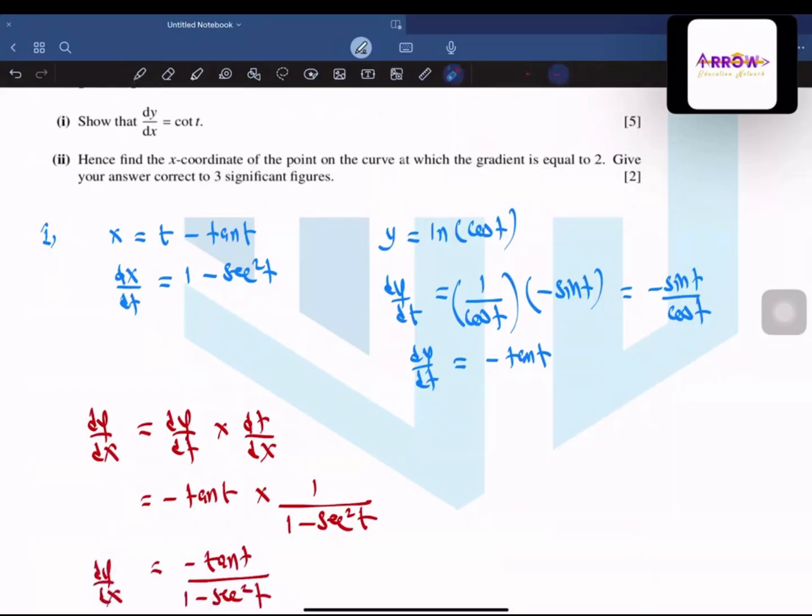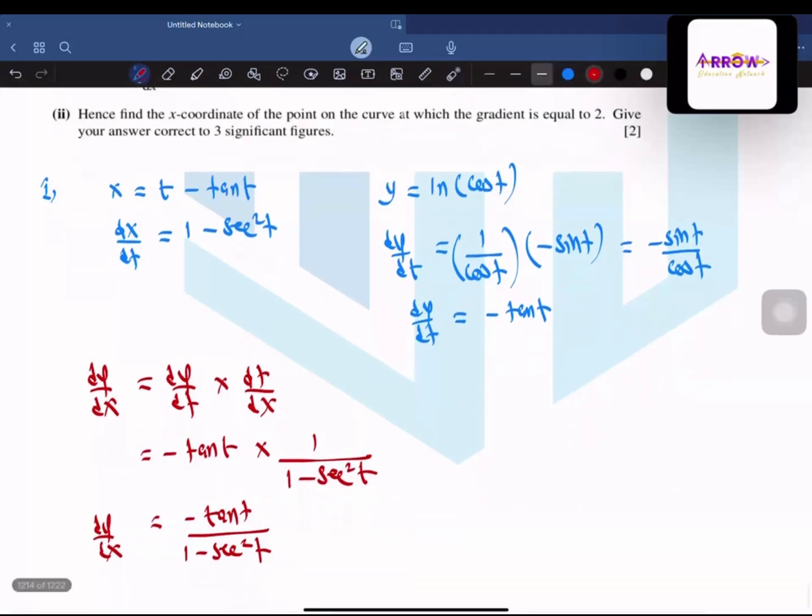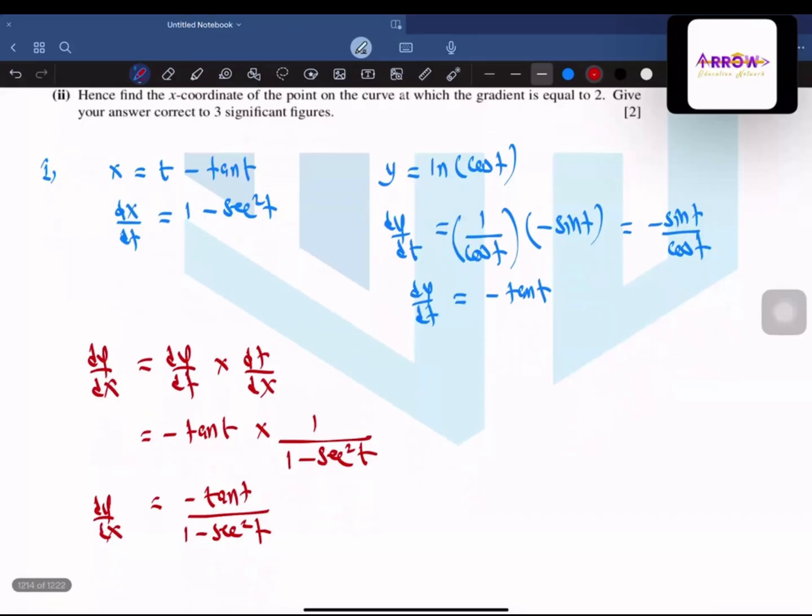Now, as you know, we need to prove that dy/dx is equal to cot t. We are going to use some identities here. A basic identity in P3 which we have studied is 1 + tan² θ is identical to sec² θ. So I can say that 1 + tan² t is equivalent to sec² t, and in place of sec² t, I can write 1 + tan² t.